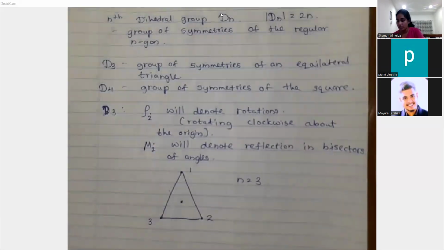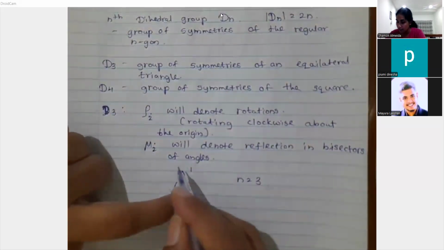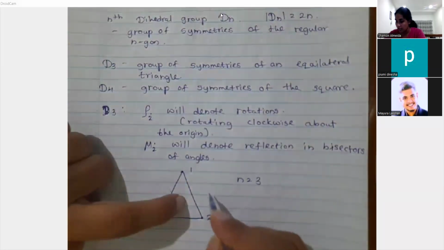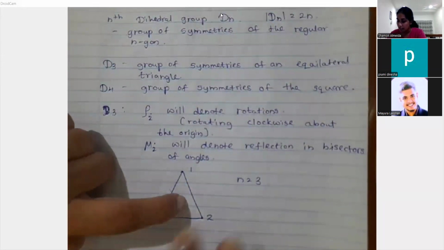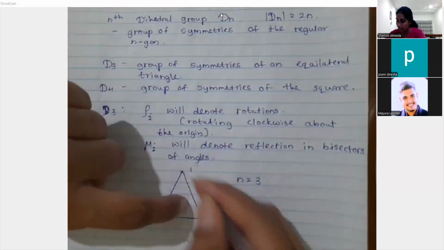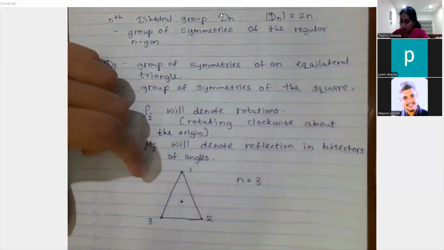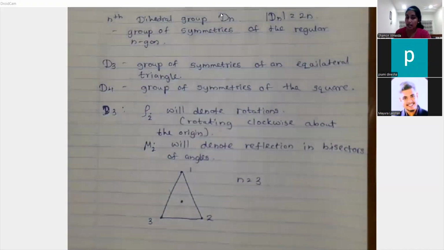How do we get a rotation? We hold at the origin and rotate so that once you start rotating it, at some point, it covers this triangle fully. So you keep a copy of this same thing on top of it, hold it at the origin and rotate it until it covers the triangle completely, right? And how many different rotations can you take?